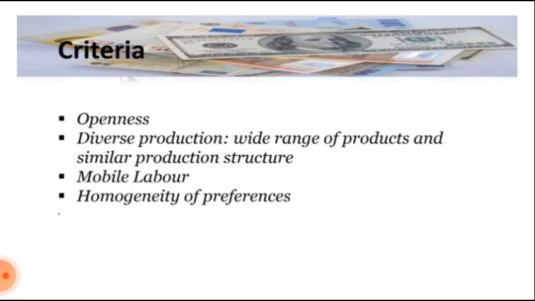There is always a universal phenomenon associated with mobile labor, and this becomes a criterion of the optimal currency area. The fourth one is homogeneity of preferences. There is a lot of homogeneity of preferences between the countries, and this homogeneity of preferences leads to making the optimal currency area possible.